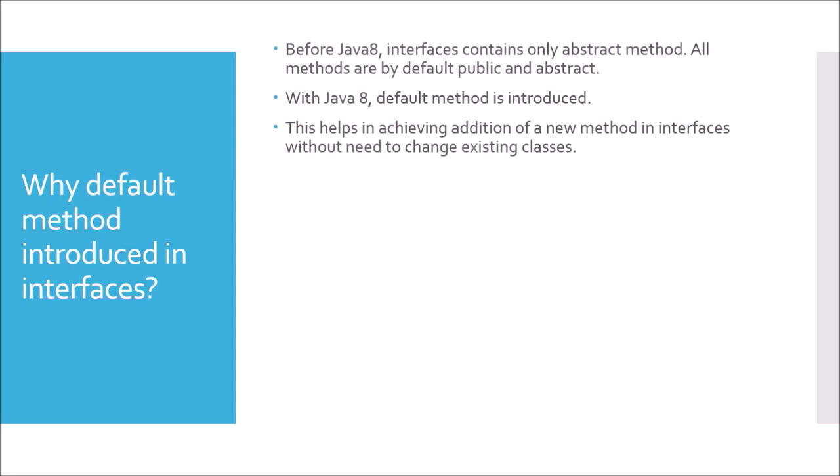Let's understand like this. Suppose you have an interface called Byte, and this interface is implemented by, let's say, 100 classes.